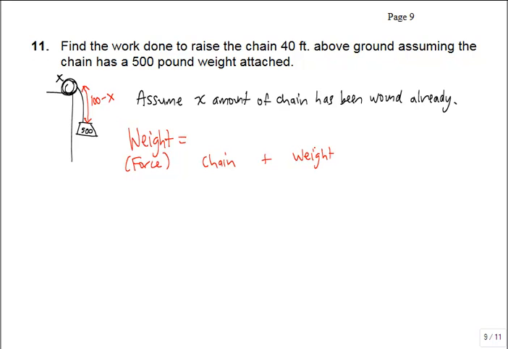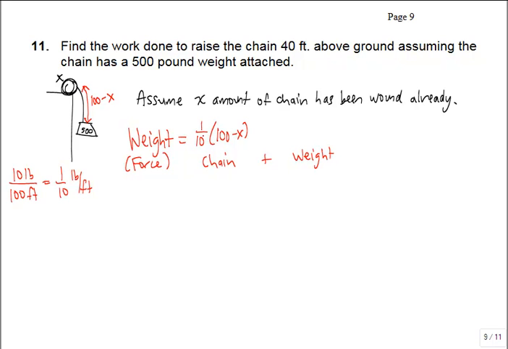So what is the weight of just the chain? Well, remember that we had 10 pounds of chain for 100 feet of length, so that was 1/10 of a pound per foot. That's called the linear density of this chain. So if I want to calculate the weight of this chain hanging down, I take that 1/10 times the length that I have.